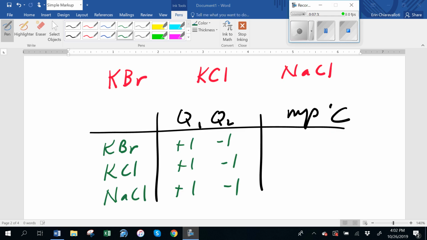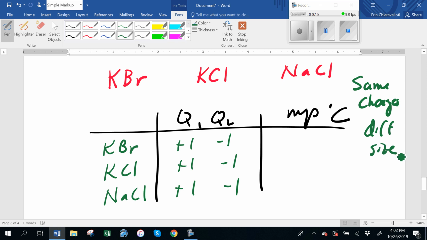So when we look at these compounds, we can see that they have the same charges, but they are going to be different sizes.